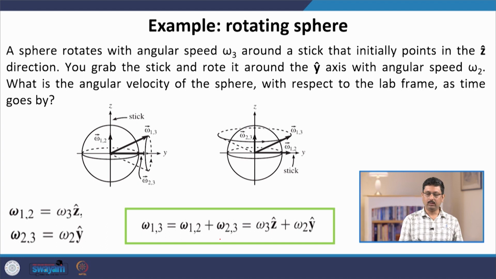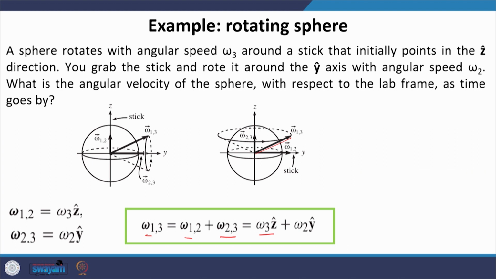So, the net angular velocity of the sphere is the sum of the angular velocity of the stick plus the angular velocity of the sphere with respect to the stick. So, now it has two components. The direction of the angular velocity of the sphere is now along this particular direction. So, it is now doing some sort of a complicated motion.